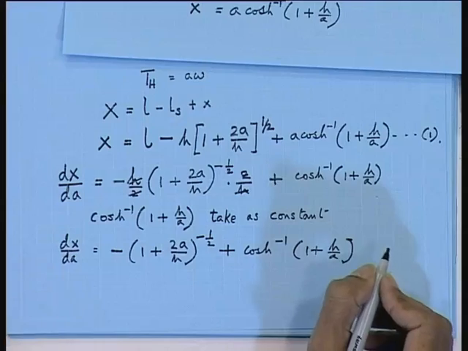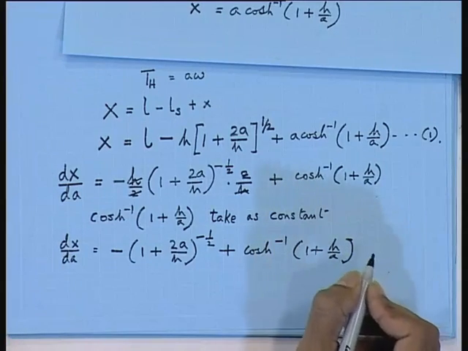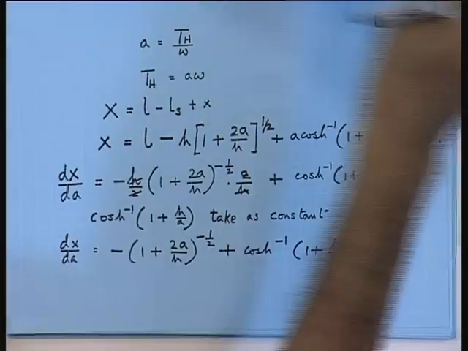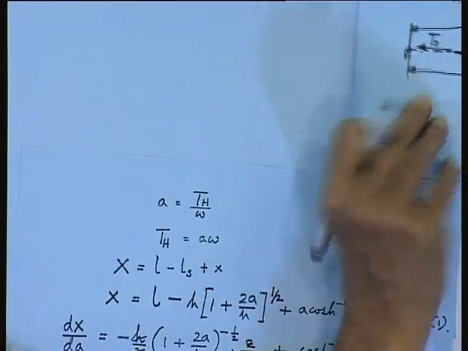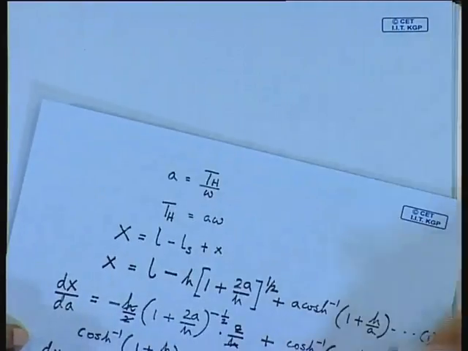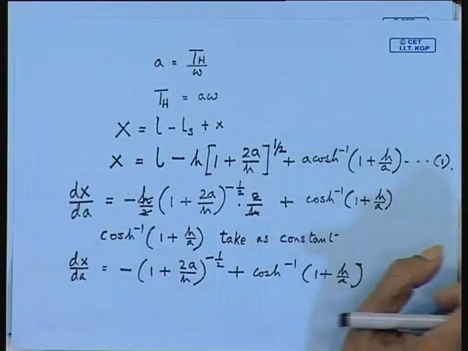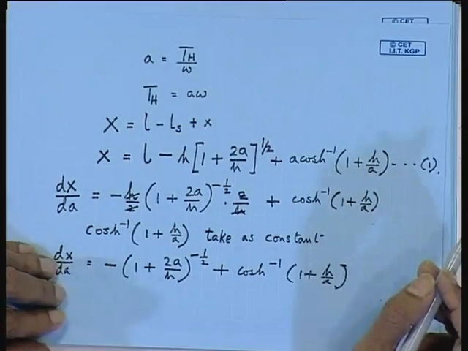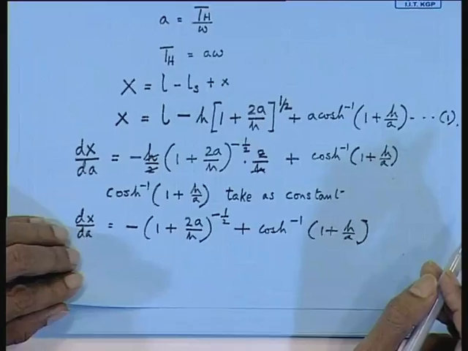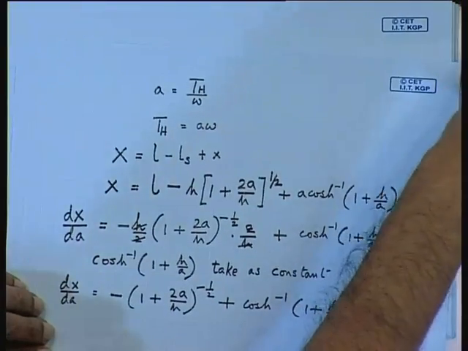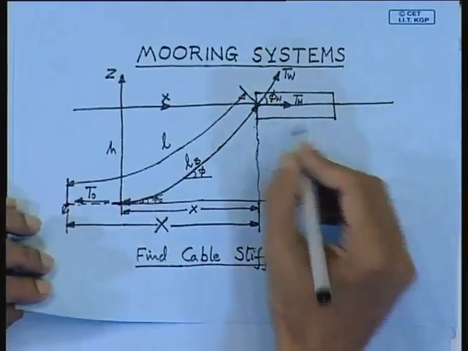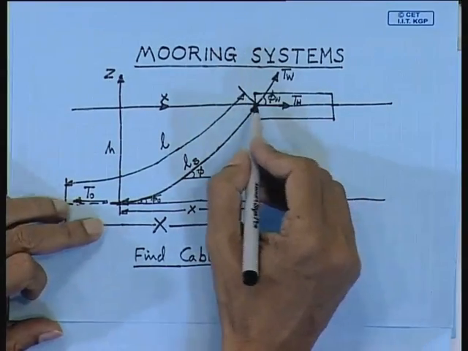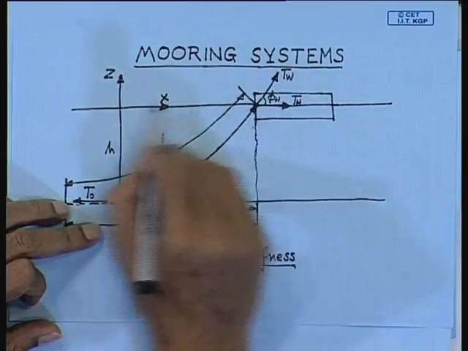Now, we have to find out two things. From this equation, the first one I have given some number, and the other equation that we are doing, this one I have also given a number. From this equation, what is the value of A? One thing you should remember is that this offshore structure or barge, whatever you have taken, actually oscillates about a mean position.